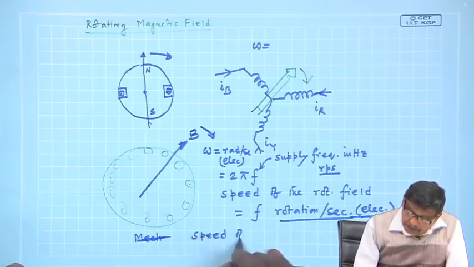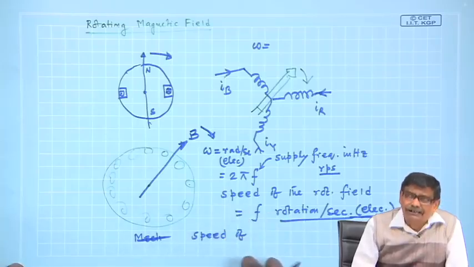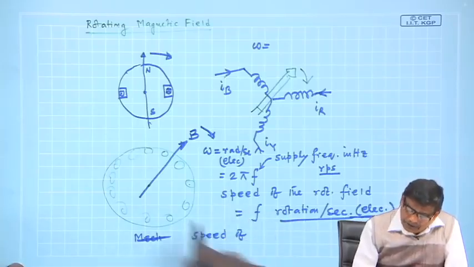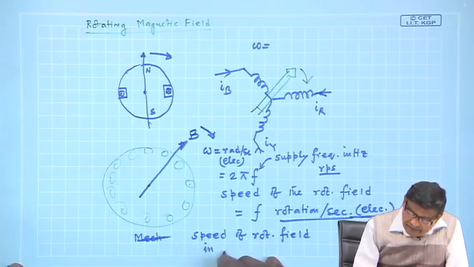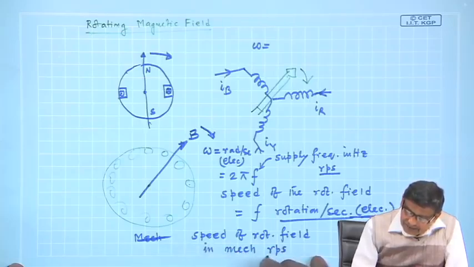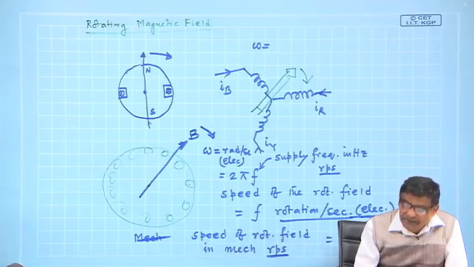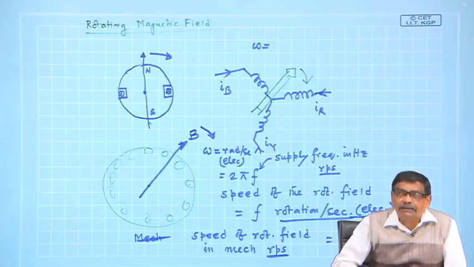Speed of what? Speed of the resultant field. So, resultant term we will not use anymore, it is understood, speed of the rotating field in mechanical RPS. What should I do with this f? With which should I multiply this?